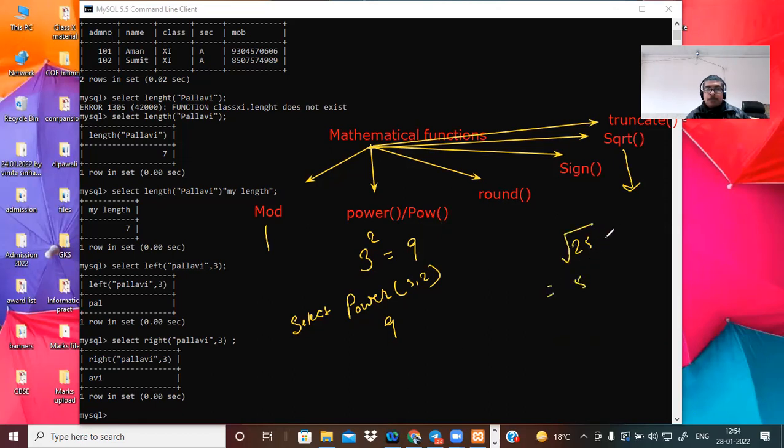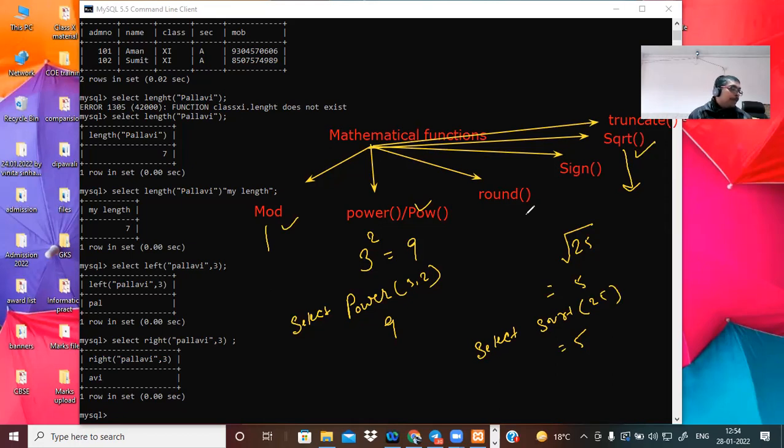The same can be written as select Sqrt 25, and it will return 5. I hope you have understood this modulus, this power and this Sqrt. I hope it is clear to you all.